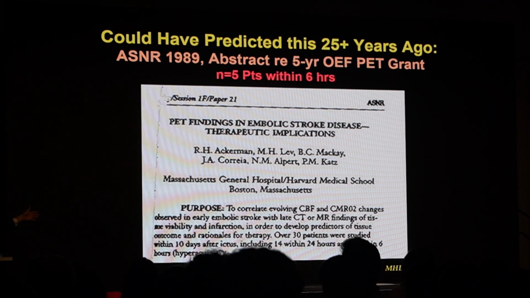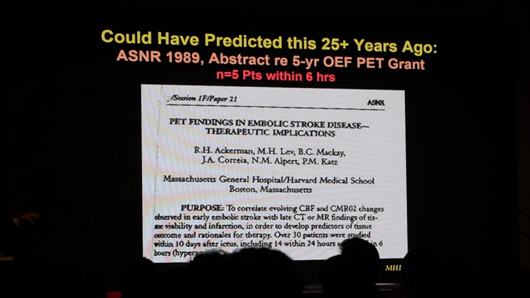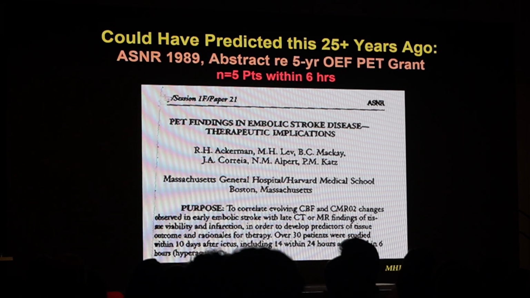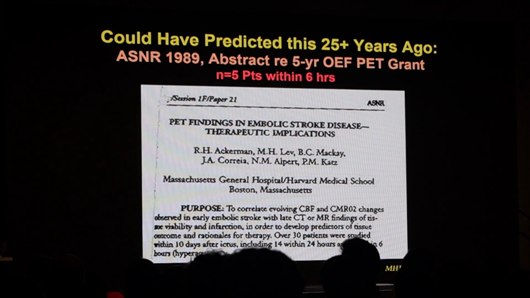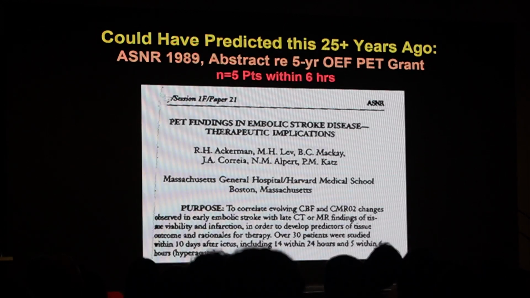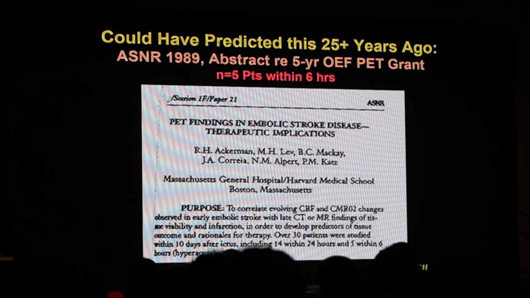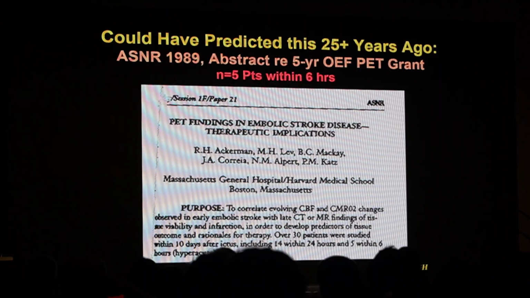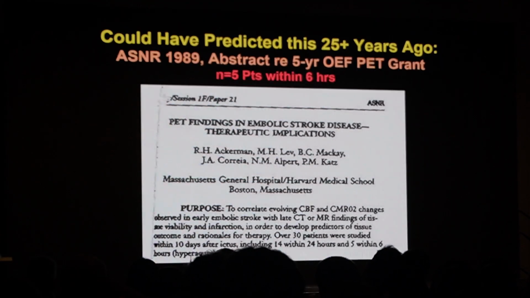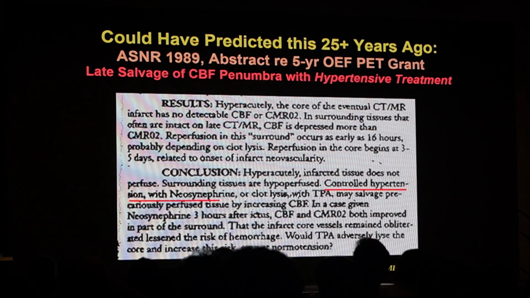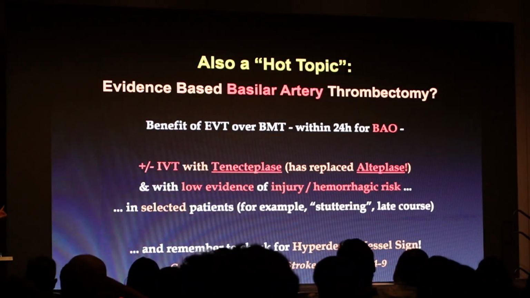But because they were all done late, they actually provide another reason why CTP doesn't work. And it turns out we have something called misery perfusion. Part of the reason CTP doesn't work in the late window is that you get non-nutritional flow, the collaterals start filling in. So the perfusion isn't giving you the same information in those late windows. And we knew that back then.